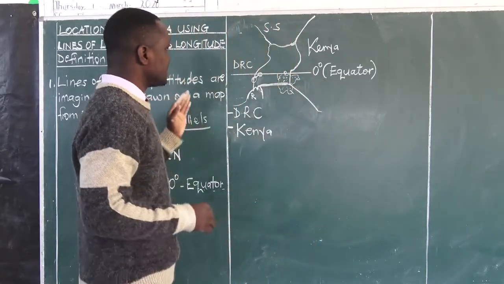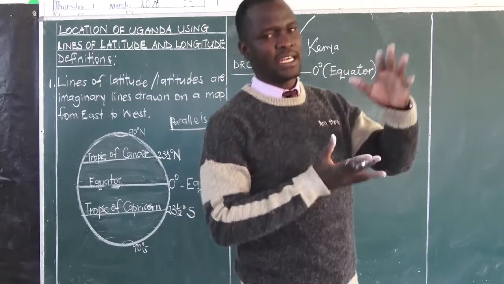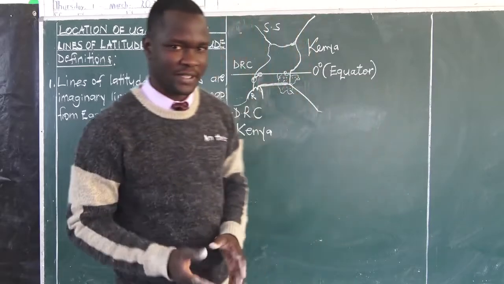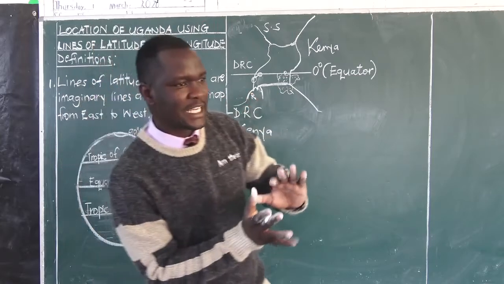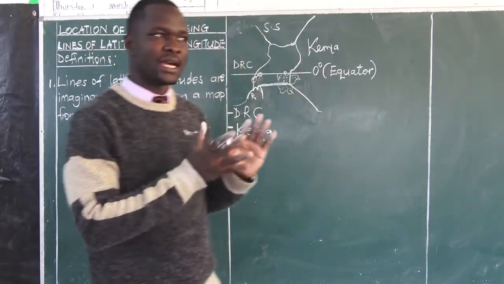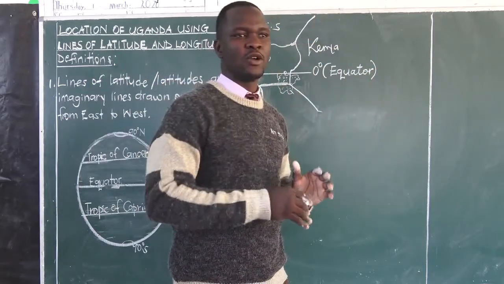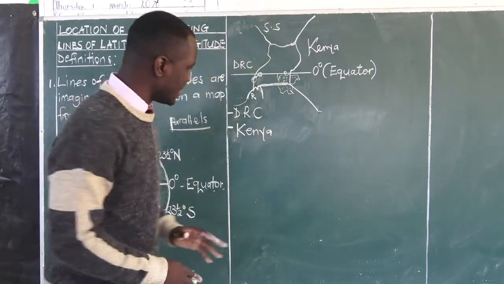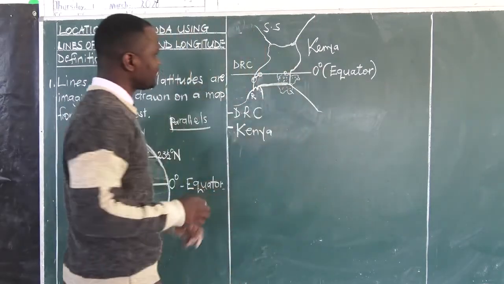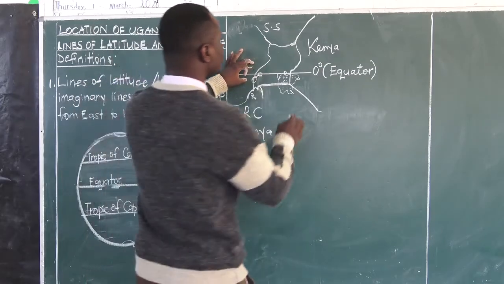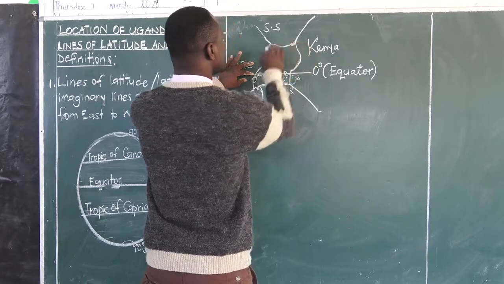Now, we have countries that lie both in the northern hemisphere and in the southern hemisphere, and then countries that lie completely in one hemisphere. A country can be completely in the northern hemisphere or completely in the southern hemisphere. But when we look at countries like Uganda, we shall find that some parts of Uganda, from here, this side, are in the northern hemisphere.